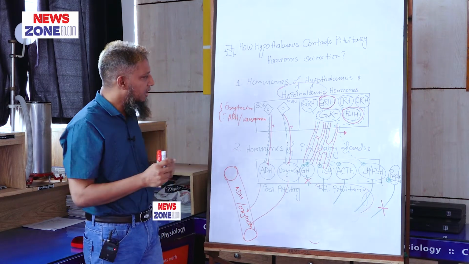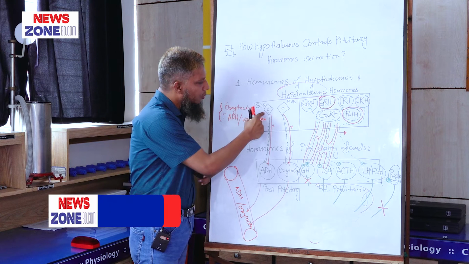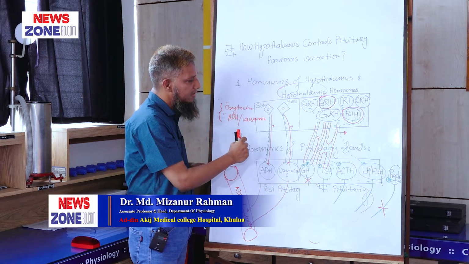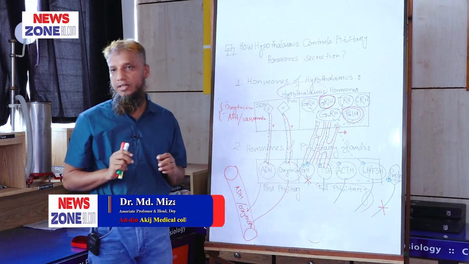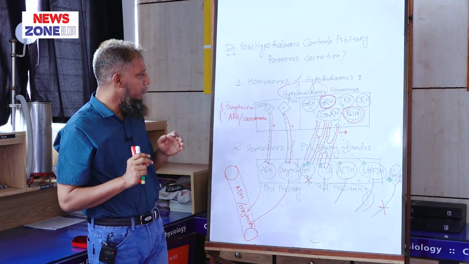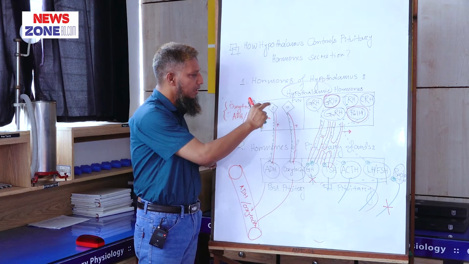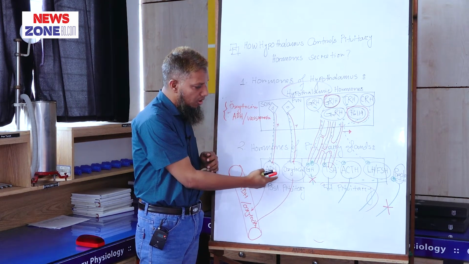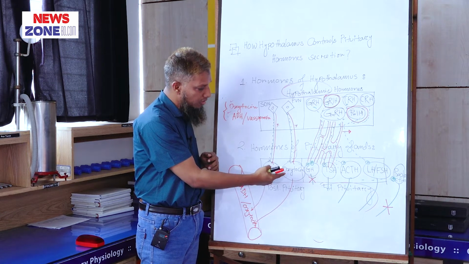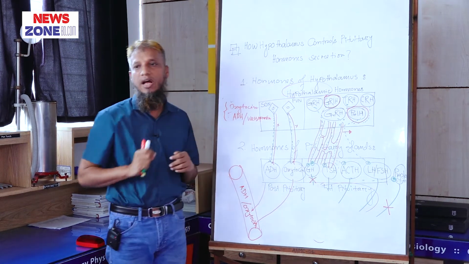Via this tract, hormones from the supraoptic and paraventricular nucleus come down to the posterior pituitary and are stored in the posterior pituitary. And then if any nerve signals from the hypothalamus come via this nerve tract and act on this posterior pituitary, then the posterior pituitary releases ADH or oxytocin into blood.